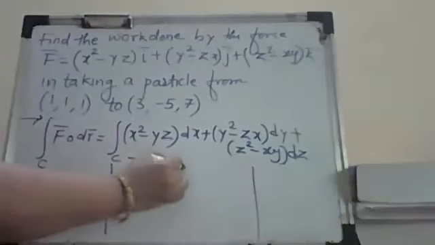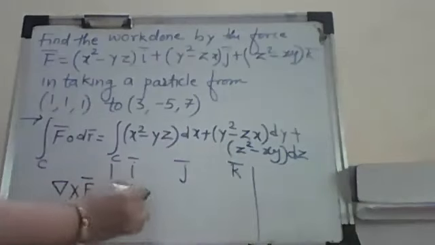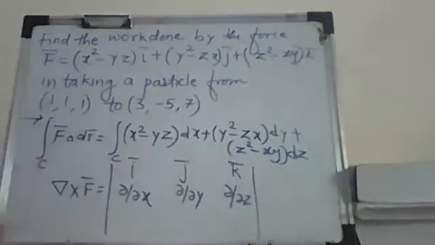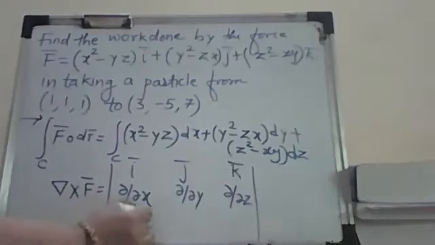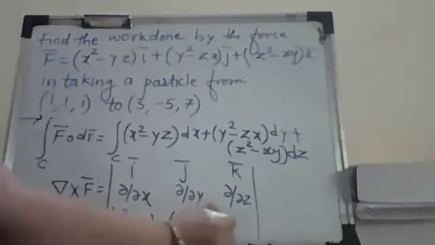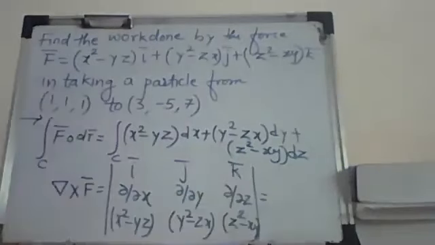I have i bar, j bar and k bar in the first row, del by del x, del by del y and del by del z as the second row, and the third row is x square minus yz, y square minus zx, and the last term z square minus xy. Now find out this determinant.